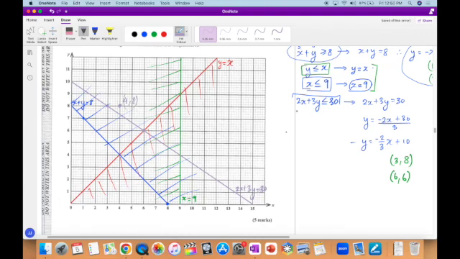Let's test it, right? 2 times 4 plus 3 times 8 is less than 30? 4 2s are 8, plus 3 times 8 is 24. 24 plus 8 is 32. 32 is not less than 30, so it may not be this region of the line.